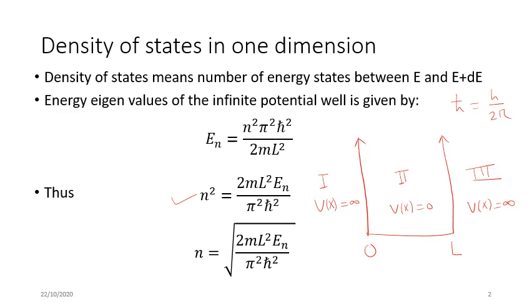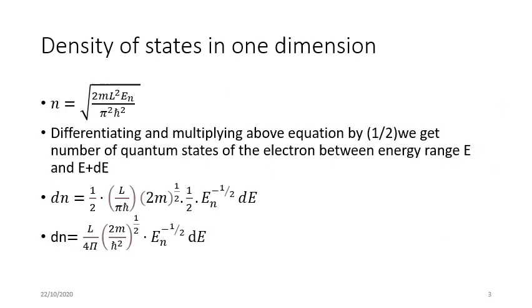If I want the value of n, I take the square root of the right hand side: n is equal to under root 2mL squared En upon pi squared h cross squared.